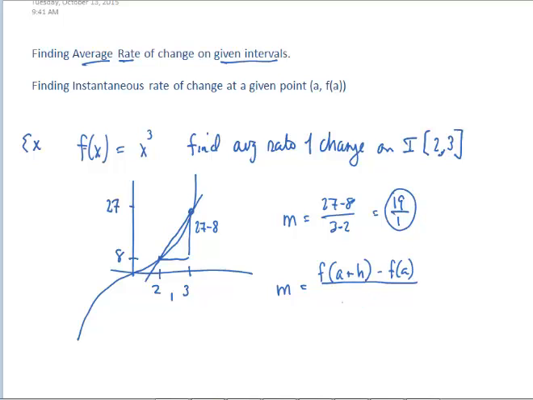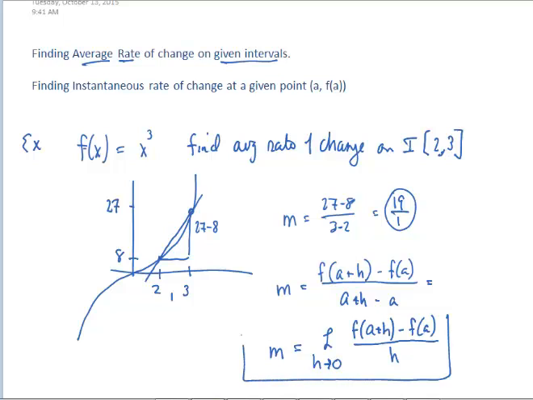Well, it's not really all over h, it's all over a plus h minus a, which simplifies, and you would do the limit as h goes to 0 of f of a plus h minus f of a all over h. This is the definition for the slope of the tangent line at a point. What's happening is the interval from 2 to 3 is shrinking to 0 by putting this limit on the difference quotient.